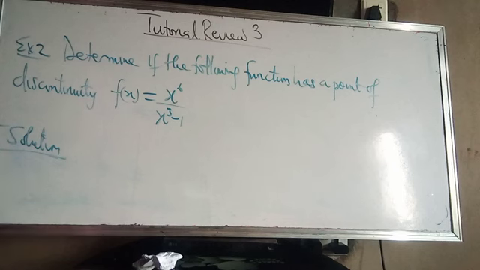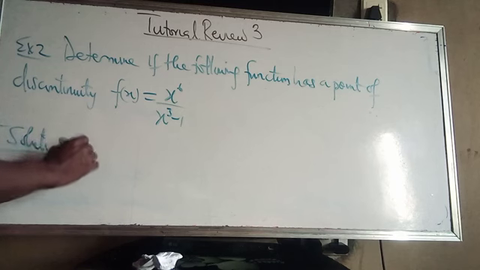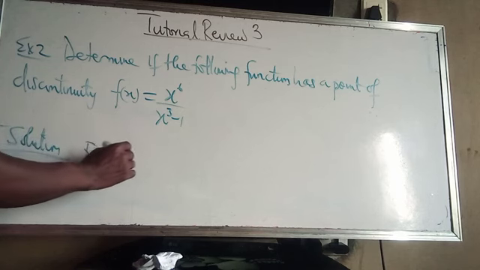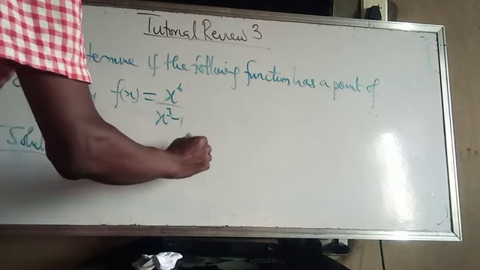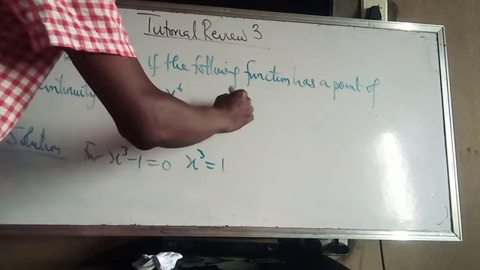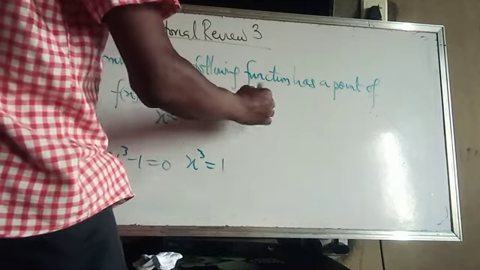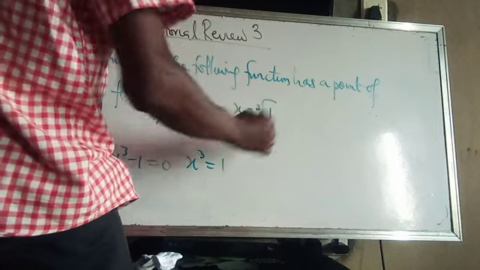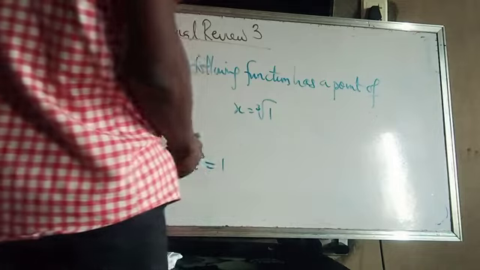So now, for it to be discontinuous, it means that it is undefined, which means the denominator here must be equal to 0. So x cubed minus 1 equals 0, then x cubed equals 1, and x will be, just like normal indices, the cube root of 1, because what I just did there is find the cube root of both sides.